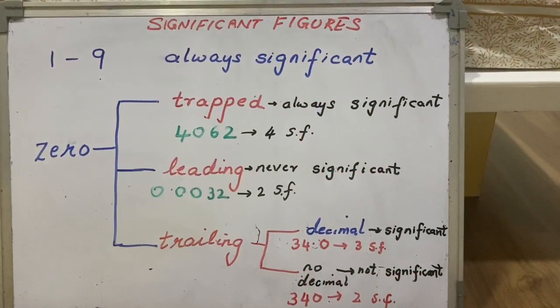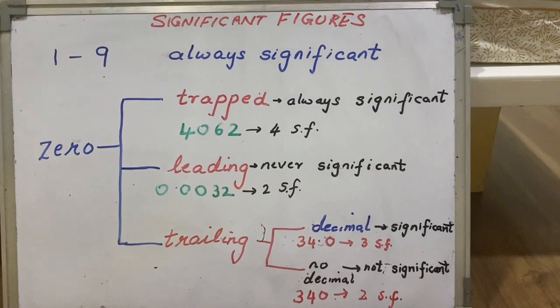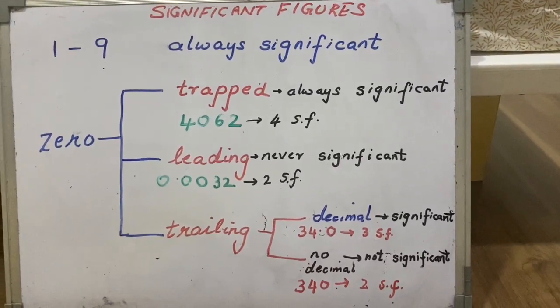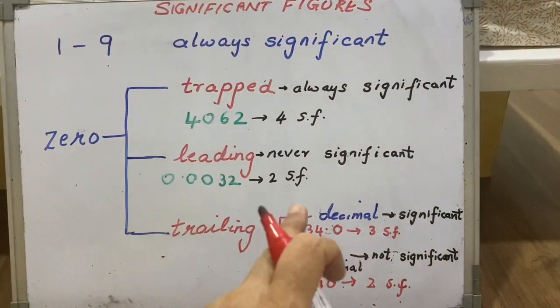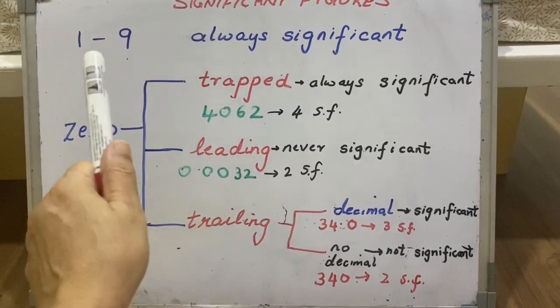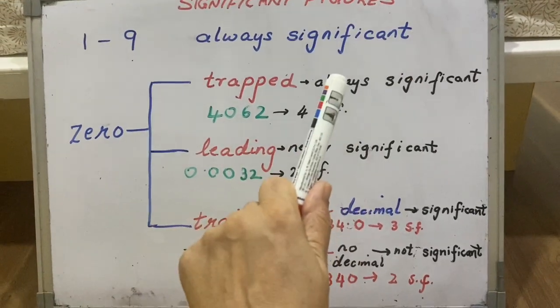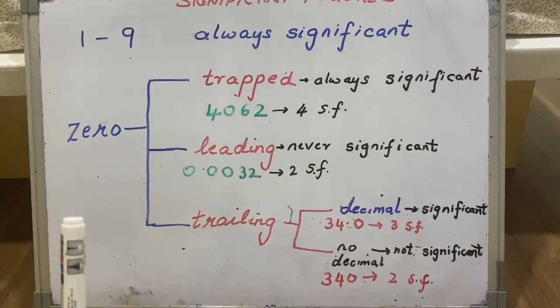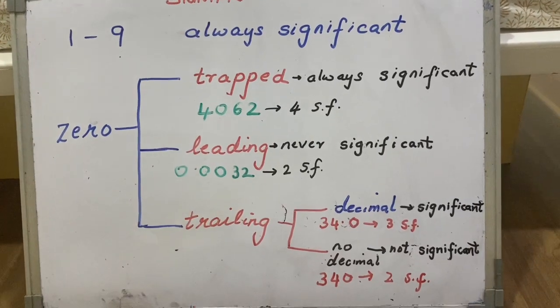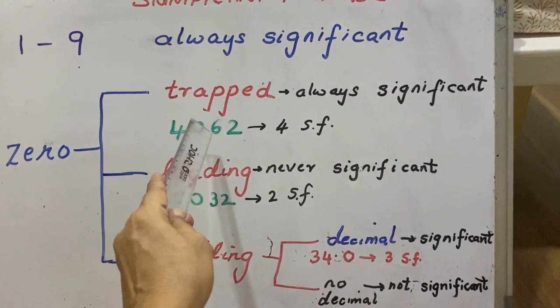Let's have a recap of significant figures. All the rules which I have explained before, I have explained over here in short. For example, the first rule, digits from 1 to 9. All digits from 1 to 9 are always significant. Now 0. You can have three types of zeros. The first we call a trapped 0.